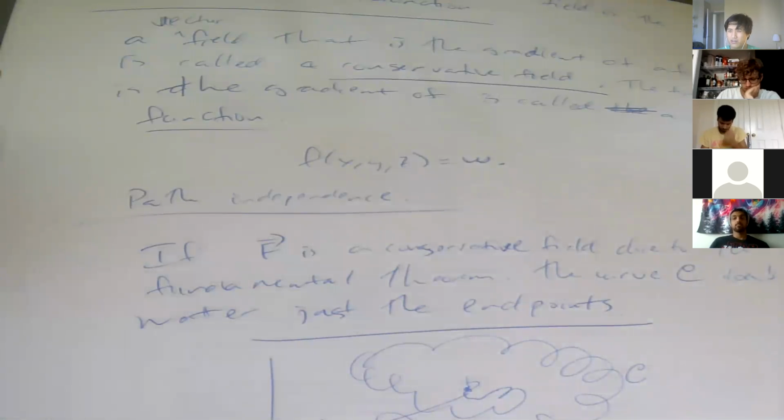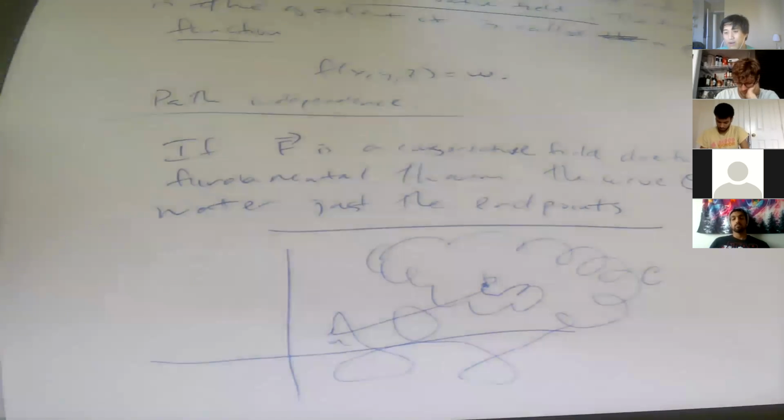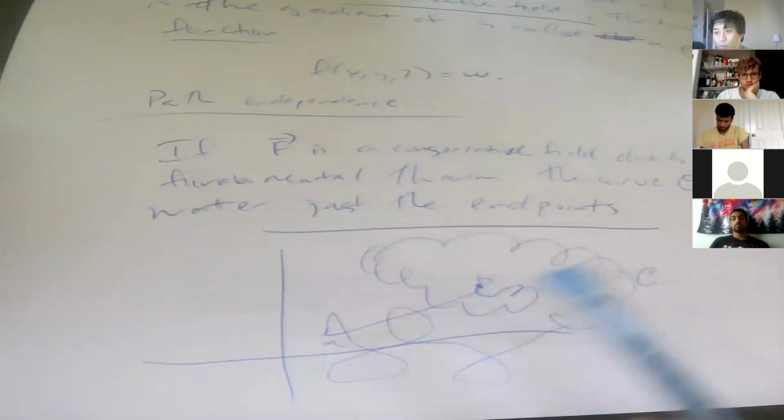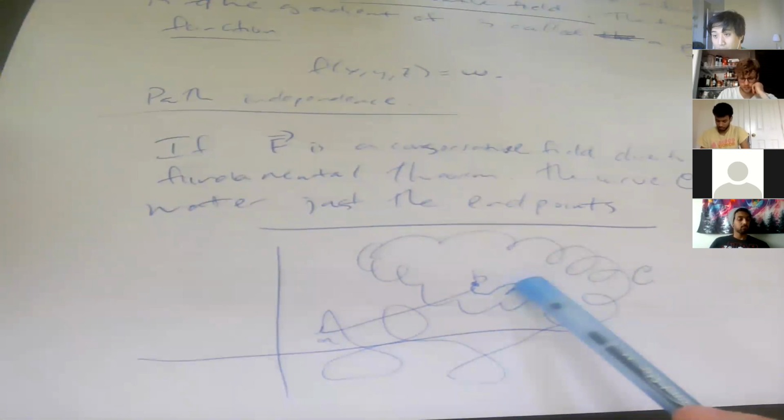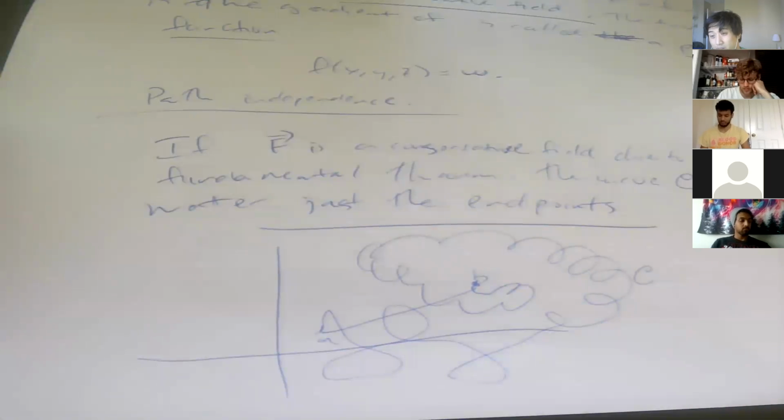Does that make sense? That's why this is called path independence, because it doesn't matter how I get from point A to point B. It just matters that I was at point A and I ended at point B. And if I have a conservative field, the work done is the same. Does that make sense?